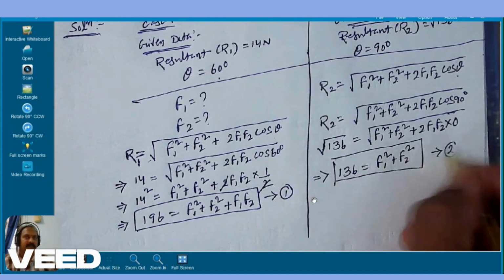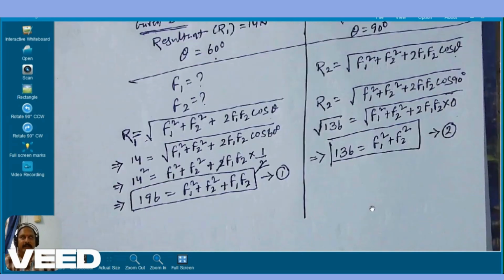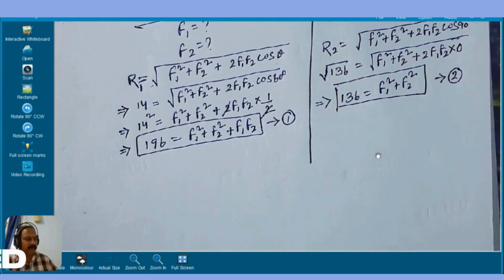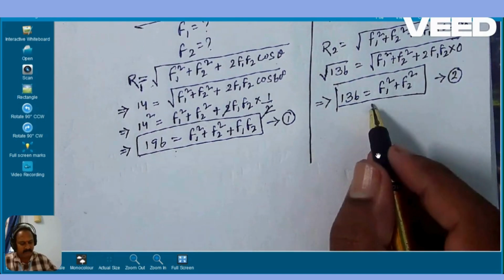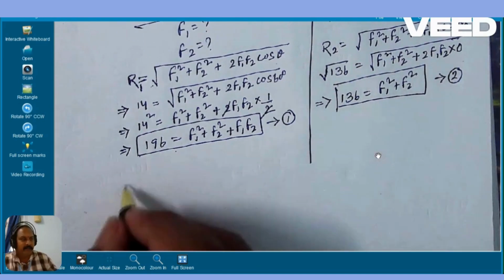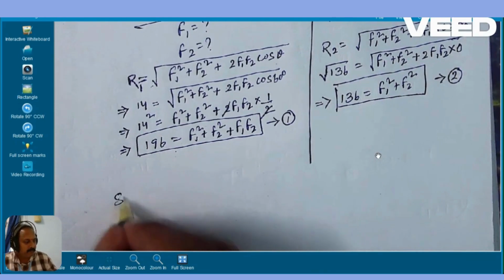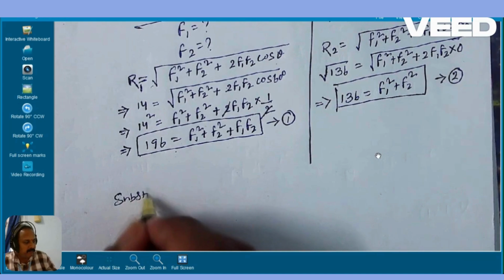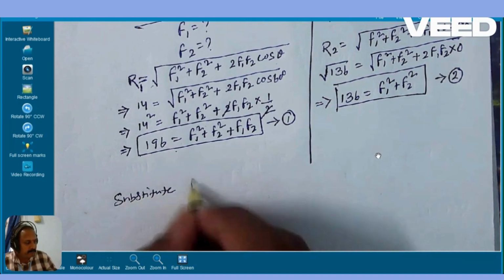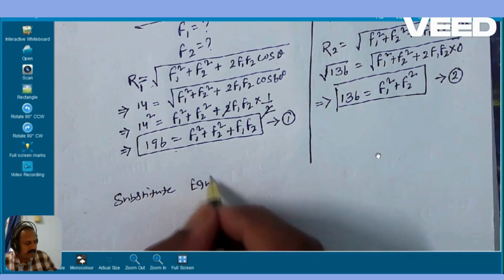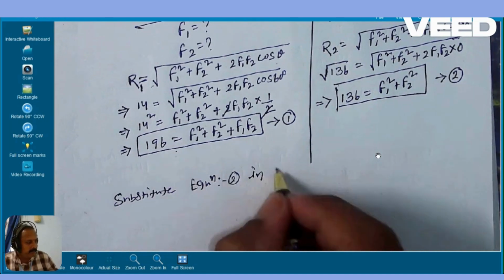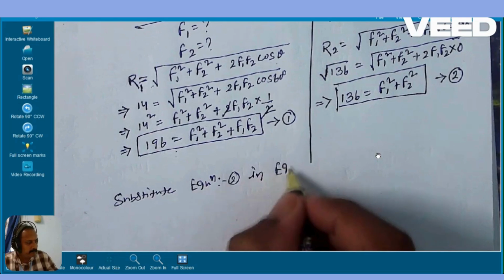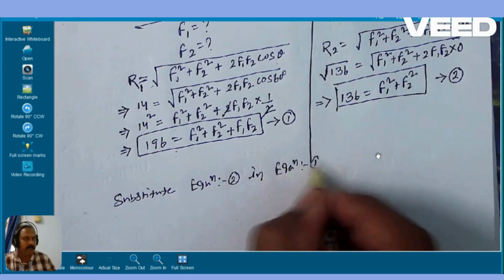So we have two equations here. For case 1 we got this equation, and for case 2 this is the equation. Now what we will do is substitute equation 2 in equation 1.